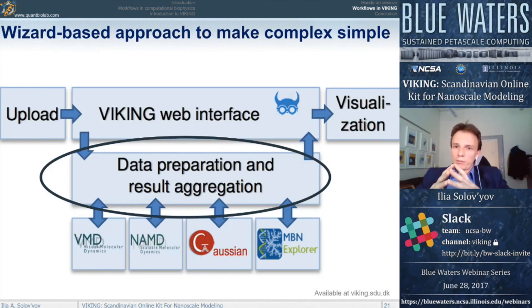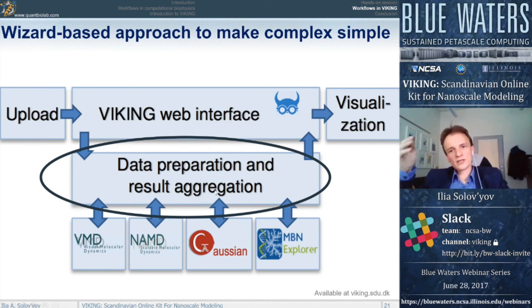The very key part is this: when I was presenting Viking at some conferences, I received some comments that this is sort of like a black box to some people, and I would like to comment on that specifically. It is the part of the workflow that I call data preparation and results aggregation.